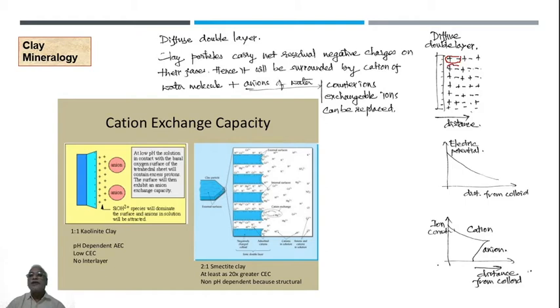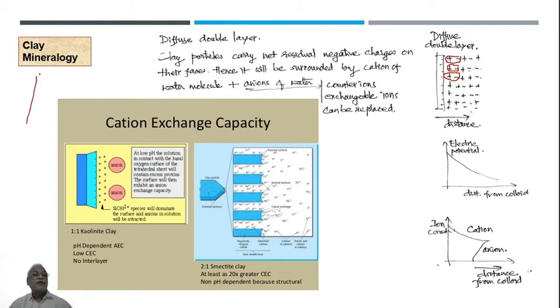All these are molecules of water standing by the side of, or attached to, the clay mineral, which is negatively charged. Hope you can understand, right?